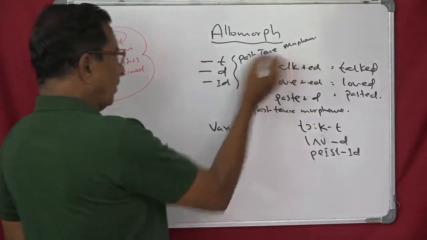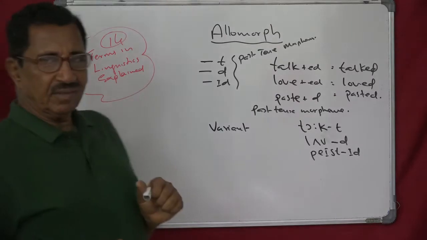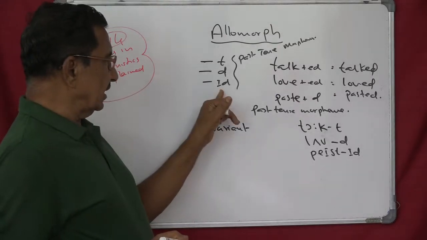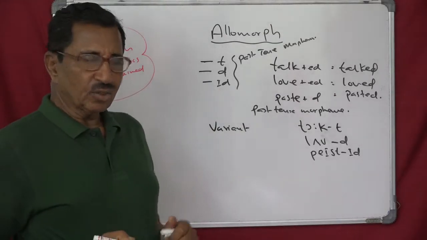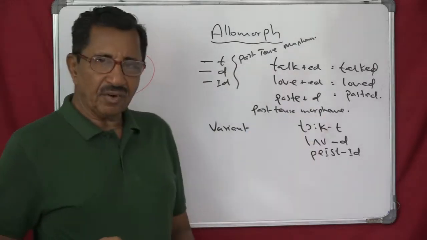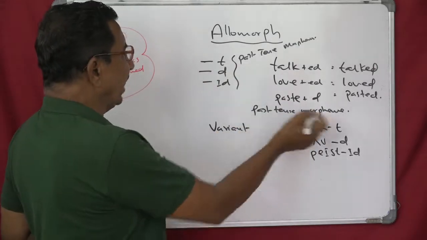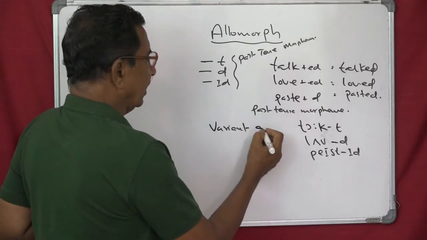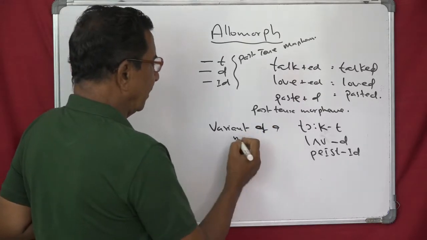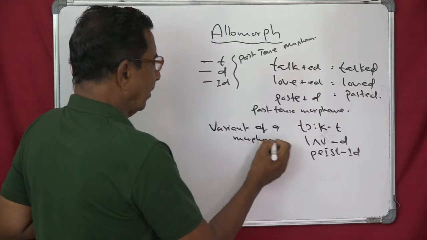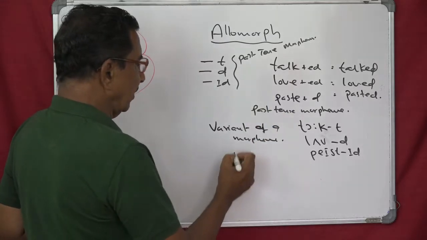Past tense morphemes appear in different forms. One is t, the other is d and the other is id. So when a morpheme appears in different forms, you call it a variant of a morpheme. And a variant of a morpheme is called an allomorph.